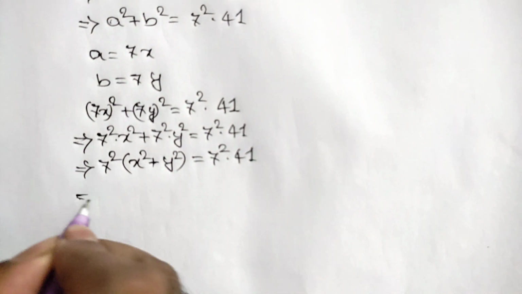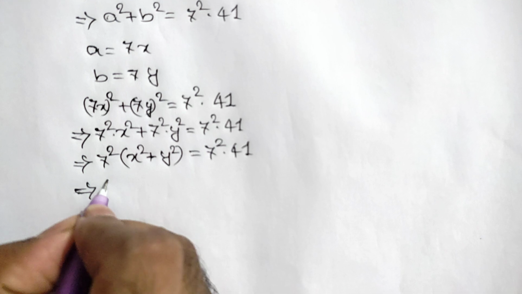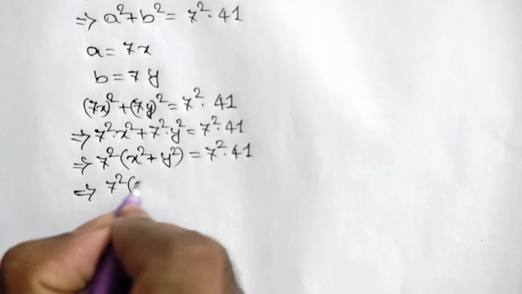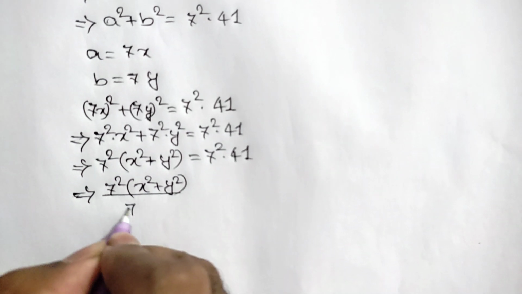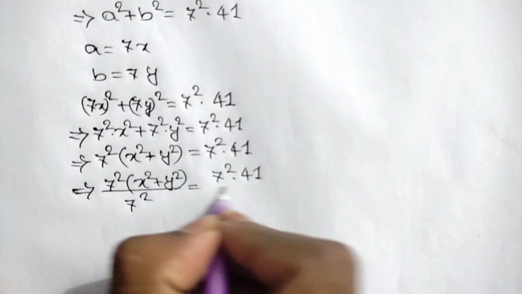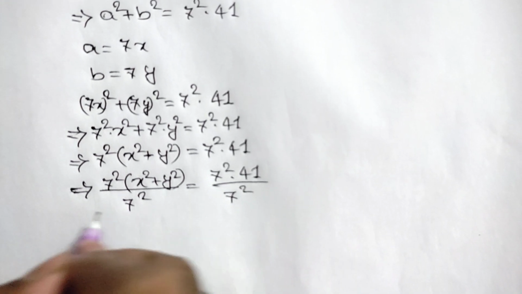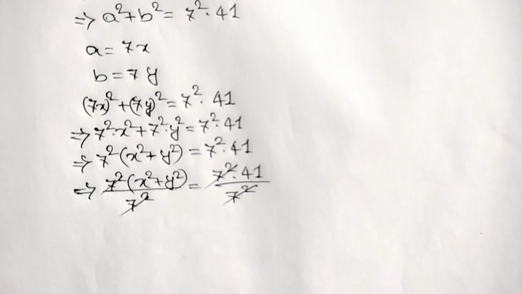or dividing both sides by 7 square, we will write here 7 square bracket x square plus y square over 7 square is equal to 7 square times 41 over 7 square. This 7 square cancels out this 7 square, and this 7 square cancels out this 7 square.